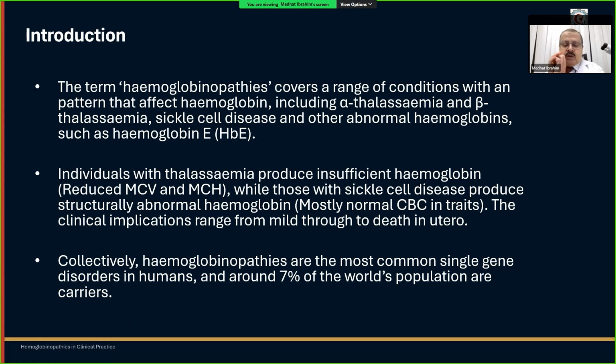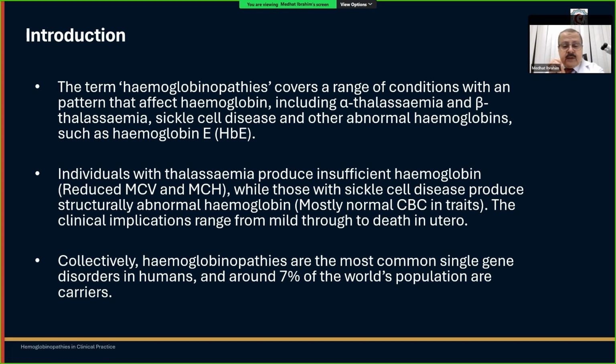There is a point here which I would like to clarify, which is, broadly speaking, we have two things in the hemoglobin disorders. Either structural, in that case, similar to sickle cell disease and HbC and so on, there is no deficiency. Almost there is no deficiency, especially in trait cases, in the synthesis of hemoglobin.